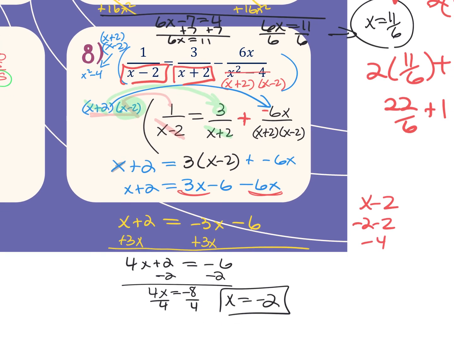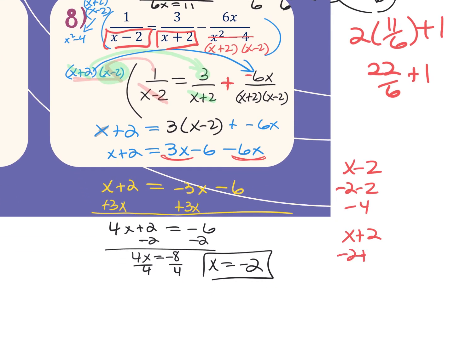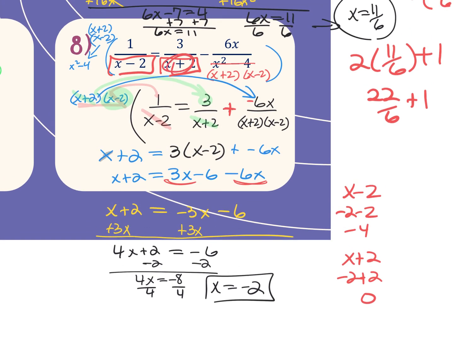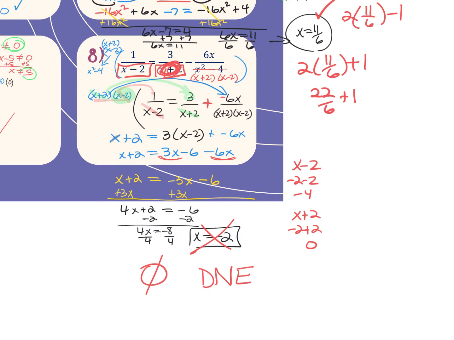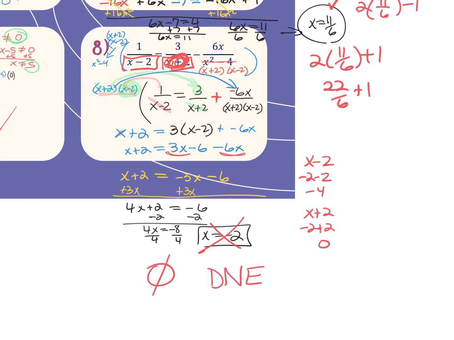But when I plug it into the x plus 2 denominator, I get negative 2 plus 2, which equals 0. It's making this denominator here a 0. So this answer is bad, and the answer is no solution. On WebAssign, key it in as DNE, does not exist. So there is no value of x that would make this equation true.